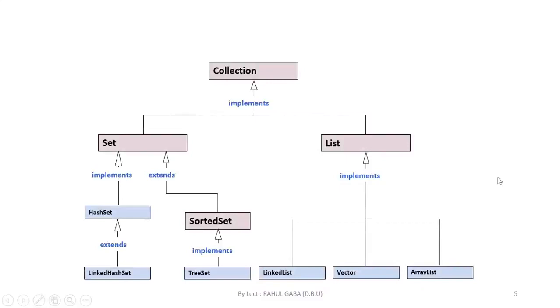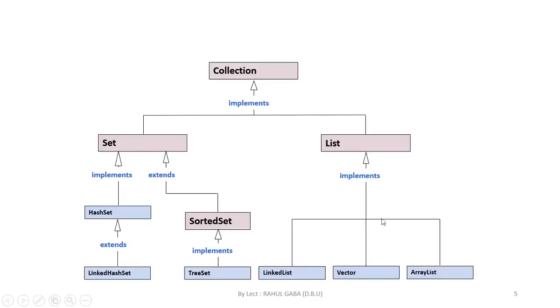This is the hierarchy of collection. We know collection is the root interface in our collection framework. Set is an interface, and set is implemented by the hash set class. Hash set is a class which is extended by linked hash set, another class. And sorted set is also an interface, which extends set, and it is implemented by the tree set class.